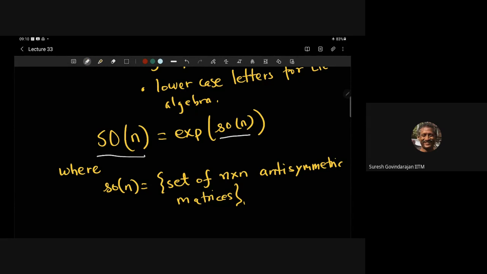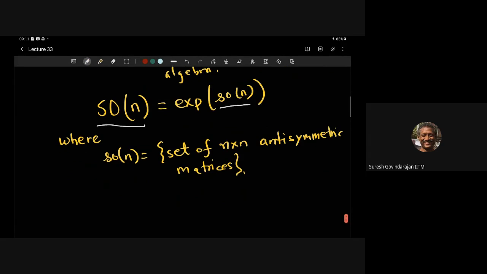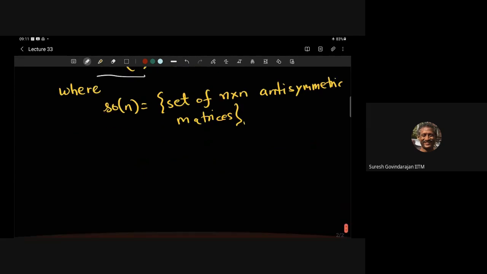So you use the same letters. Okay, so we will see other examples. For instance, symplectic, we'll use capital Sp and lowercase sp. We'll see unitary again, capital U and lowercase u. We'll see a few more examples. Okay, so let's work out some properties.